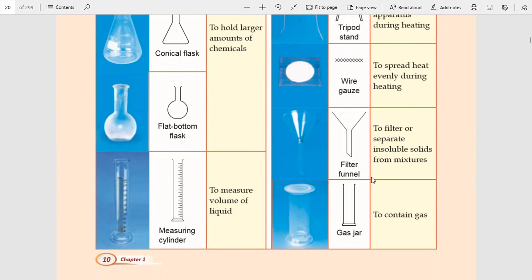What else? The filter funnel is used to filter or separate insoluble solid. It is like your tea filter, which separates the tea leaves from the tea water. Gas jar is to contain gas, but you can't see the gas.